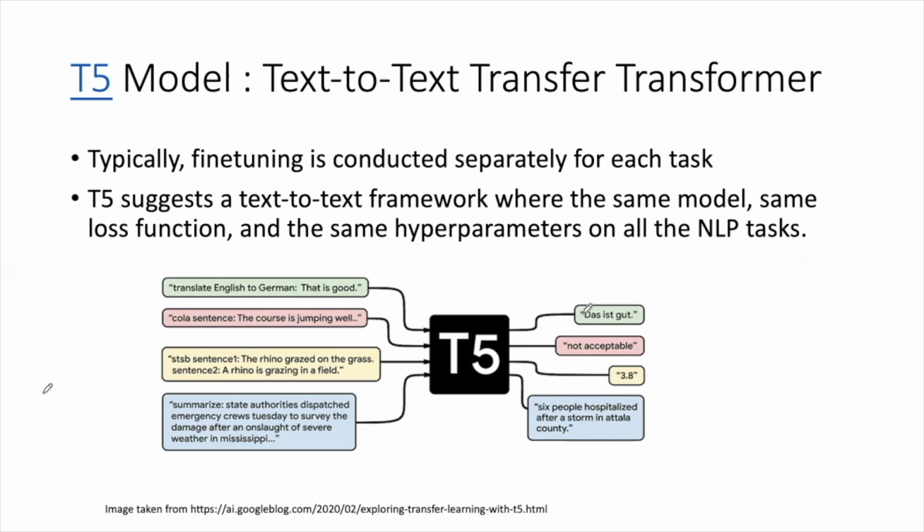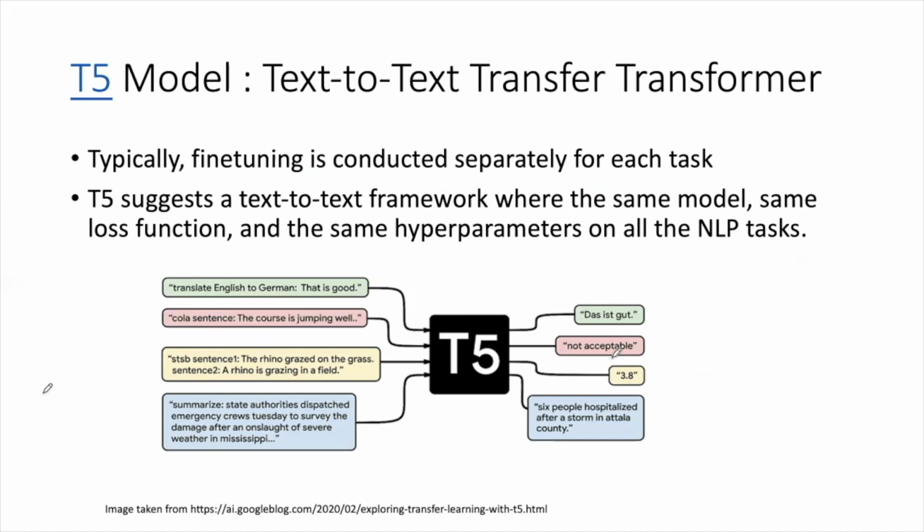To achieve this, they propose a formulation where we have the same loss function and same hyperparameters on any NLP task. The way they do that is both the input and the output are treated as strings. Let's say we have a use case where the output needs to be a real number.